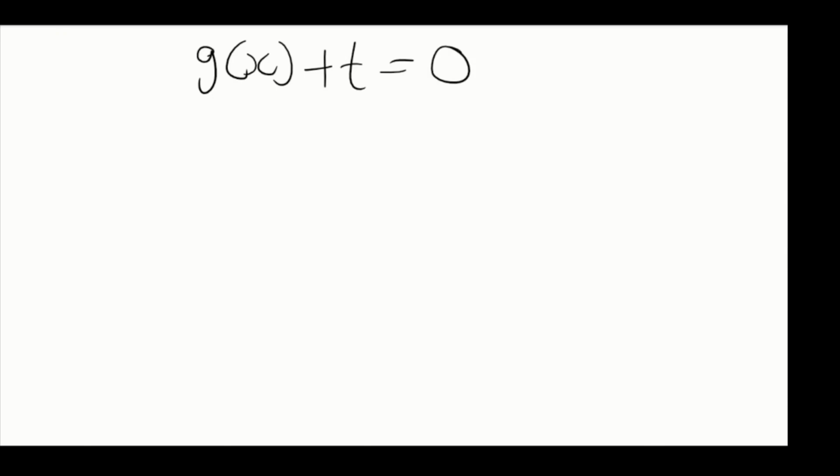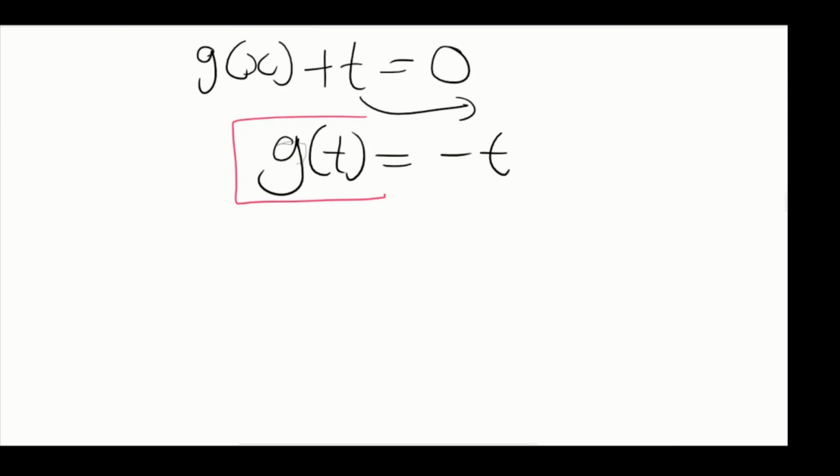But we need to note that if you transpose this t to the other side, you have g(x) = -t. So whatever value of t you have, it will be negative in terms of t, right? So remember that g(x) is actually a y-intercept.